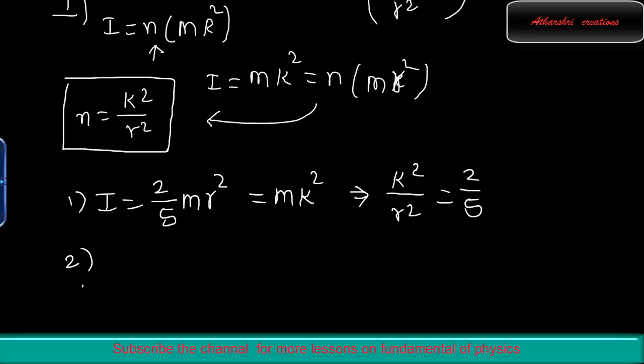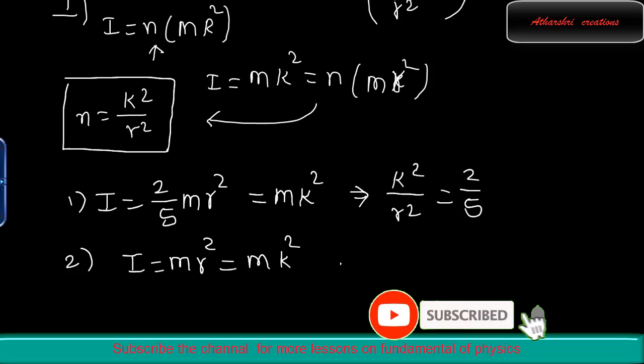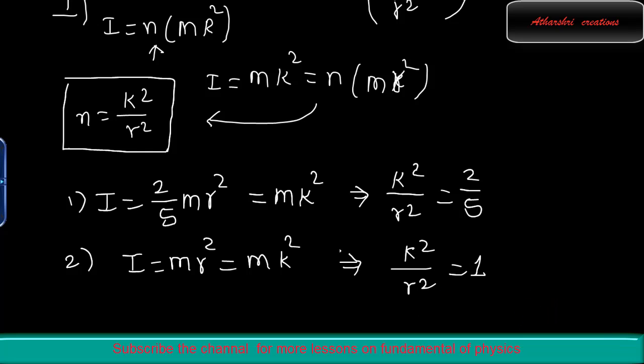Secondly, for a ring or hollow cylinder, the moment of inertia equal to m into r square, which is equal to m into k square. This implies that k square divided by r square equal to 1.